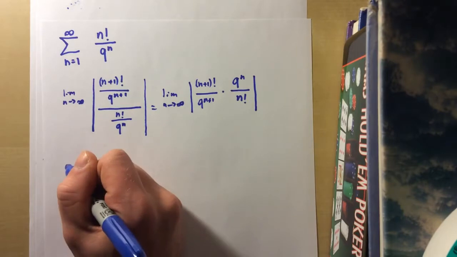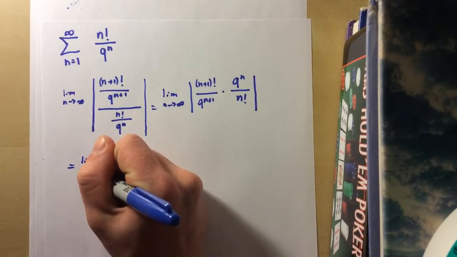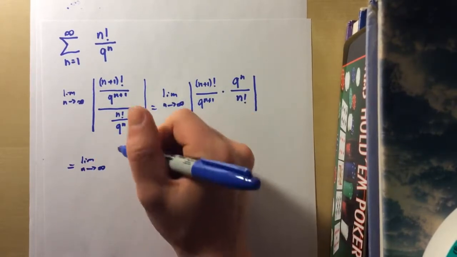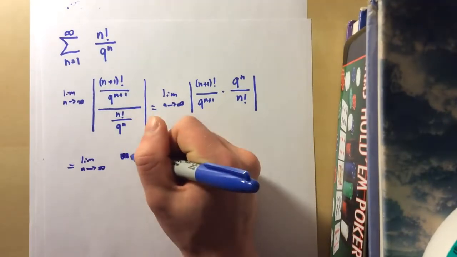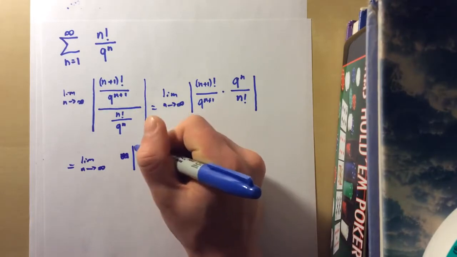So if we rewrite that, all we're left with from the factorial is the absolute value of n plus 1 on top.